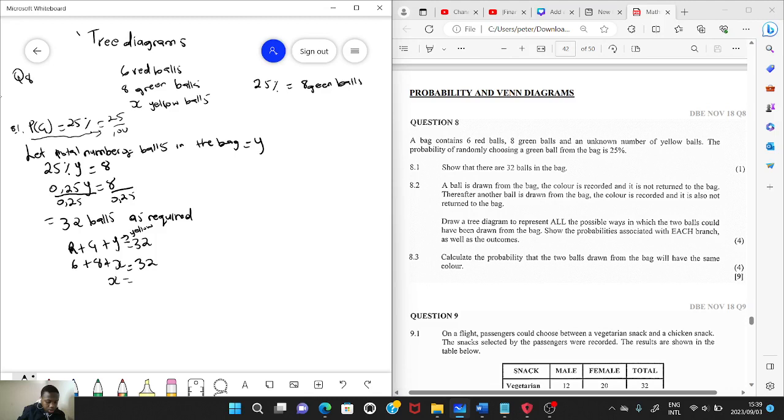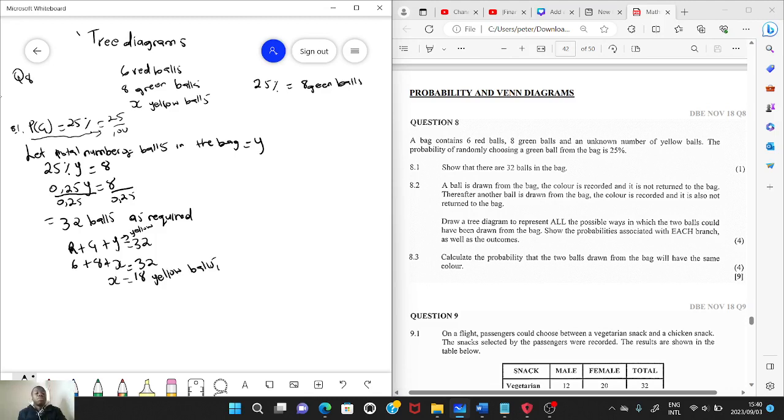So what happens? Okay, we have 8.2. They're saying a ball is drawn from the bag, which simply means that a ball is taken out of the bag, the color is recorded, and it is not returned to the bag.